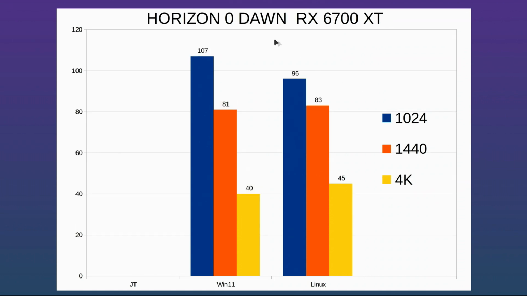So now let's look at Horizon Zero Dawn. I only tested the RX 6700 XT here, not the 3060, but we got 107 at 1080p, 81 at 2K, 40 at 4K on Windows. On Linux, we got 96 at 1080p, 83 at 2K, 45 at 4K. And you'll notice here again, for whatever reason, I get a little bit more performance out of the 2K and the 4K on Horizon Zero Dawn.